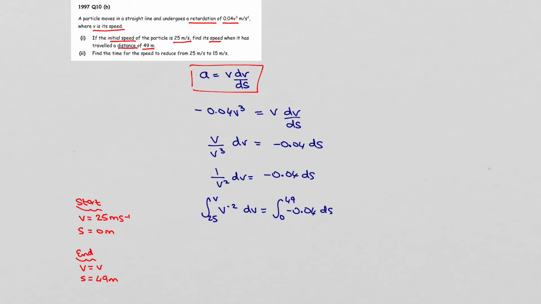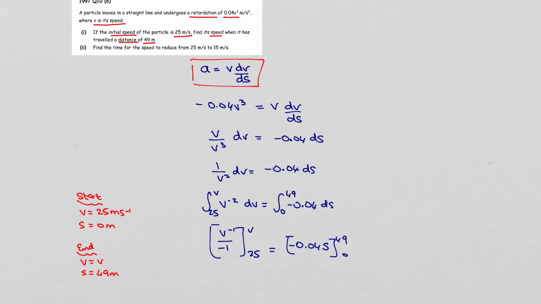So if I integrate v to the power of minus 2, I add 1 to the power, divide by that new power, and sub in my limits. And if I integrate minus 0.04 with respect to s, that's going to be minus 0.04 s, in the limits of 49 and 0.